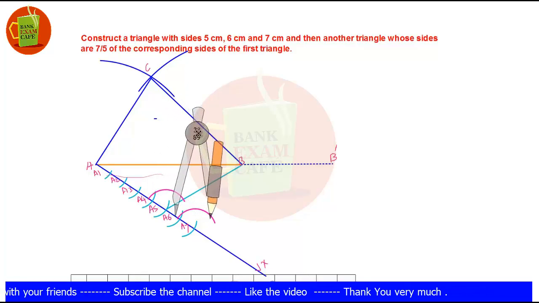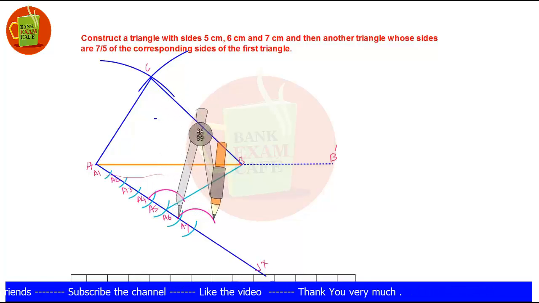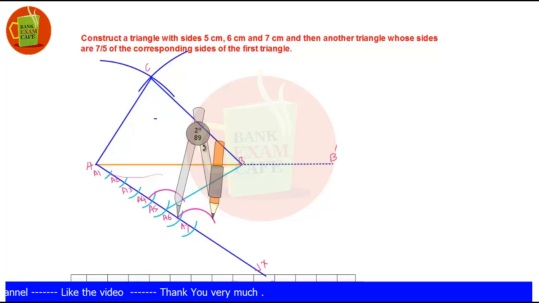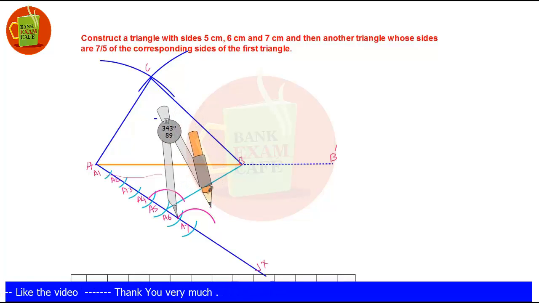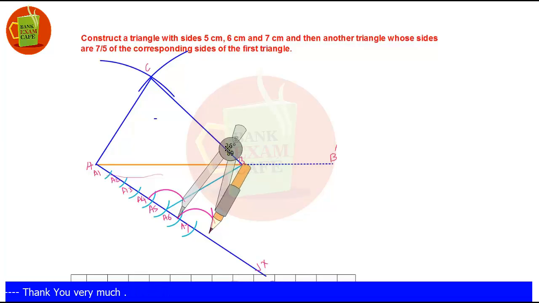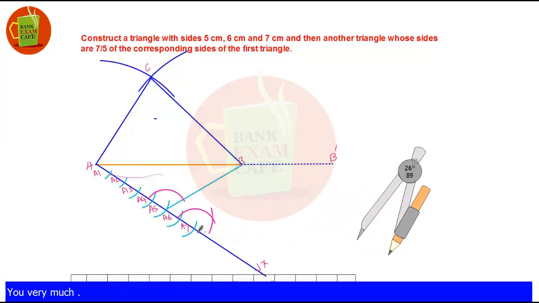Take this as the center, cut the arc intersecting the previous arc. Now from point A7, draw a line segment passing through this point of intersection to the point on B dash.